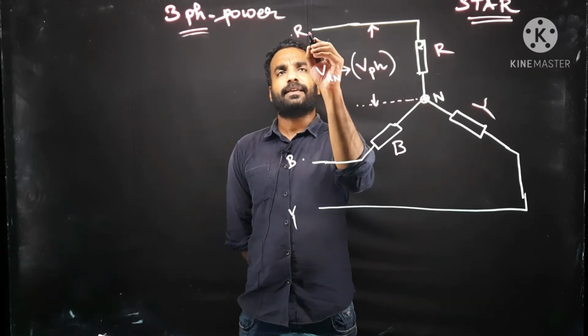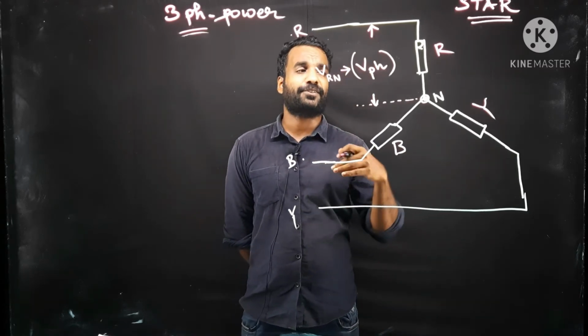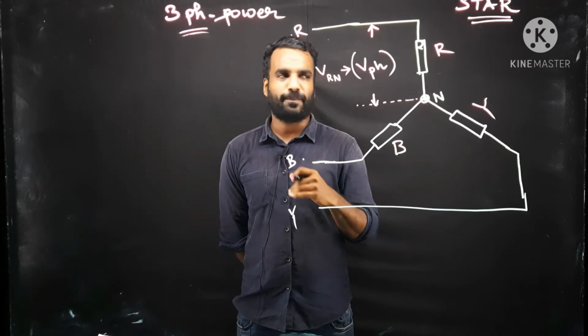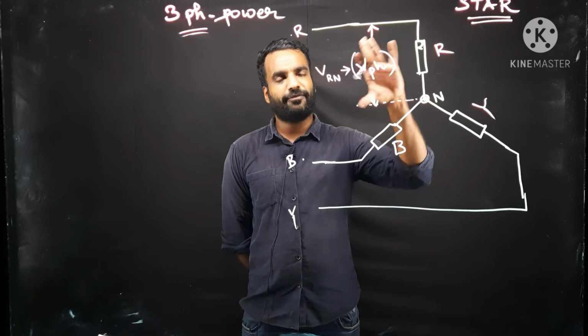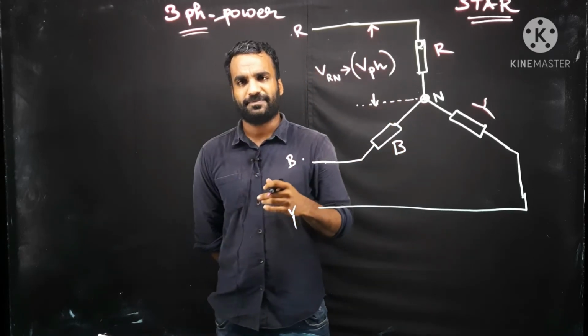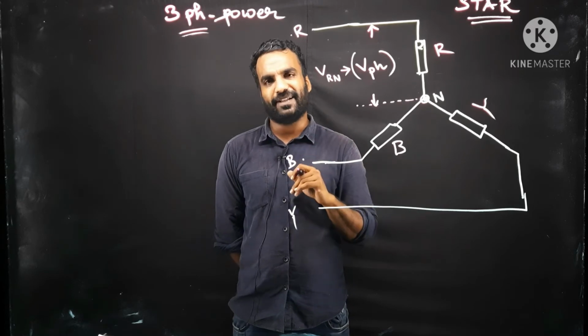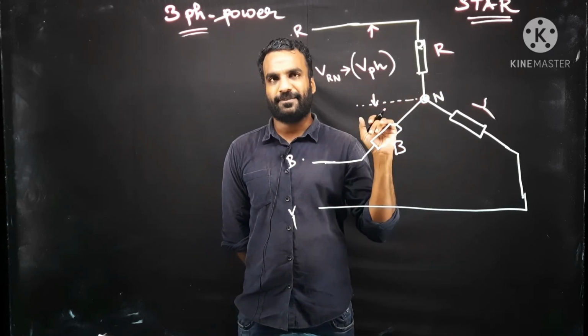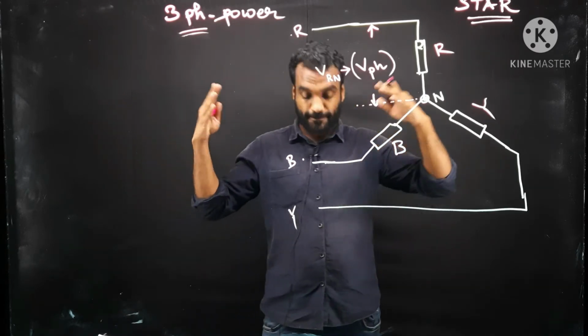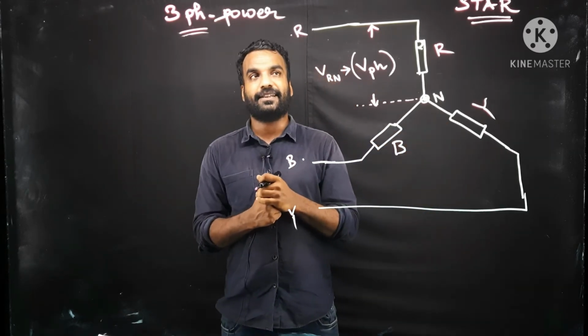Whereas if you are taking this connection to an industry or like a flour mill, you can take phase voltage and you can give that connection to some bulb, some fan in that building. At the same time, there are big motors or big machines inside the industry.